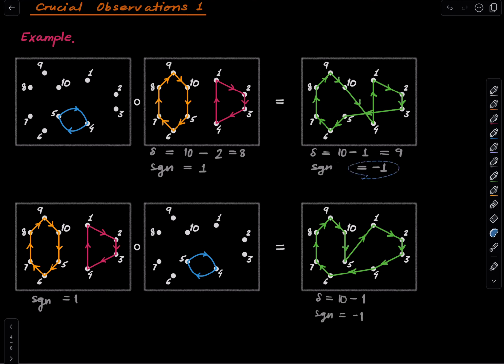Okay. All right. So this is one set of observations, that if you have a transposition going across two disjoint cycles, and then you compose, you get one big cycle. It kind of connects the two cycles into a big cycle.